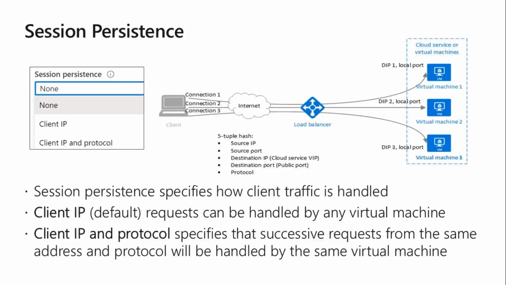So that first request always gets load balanced, and any of the VMs can respond. But once a VM has responded to me, that VM will be fixed for my activity.